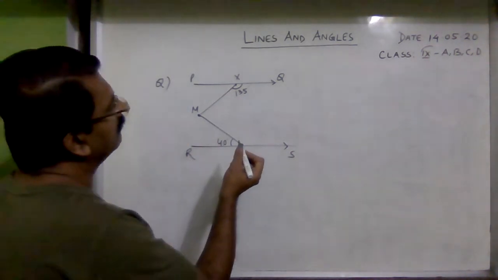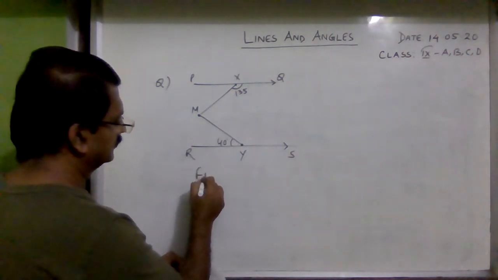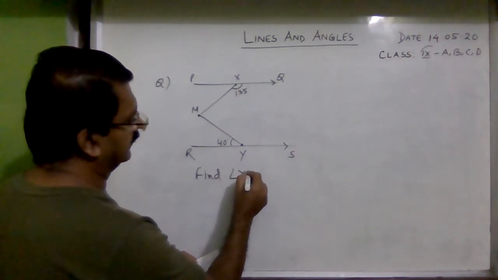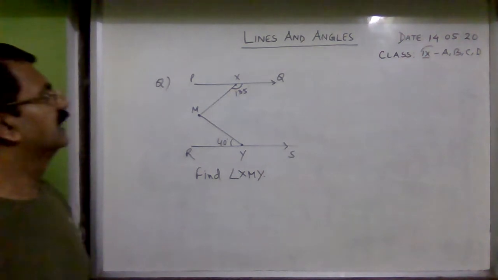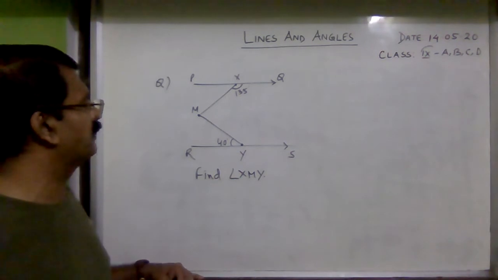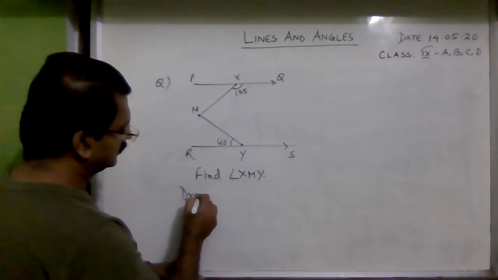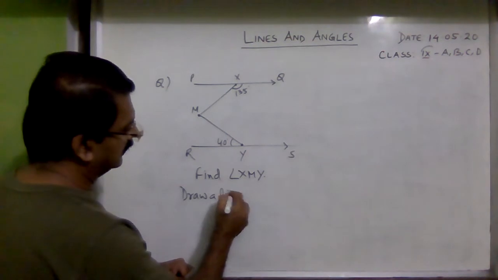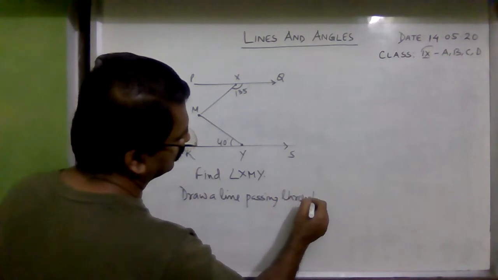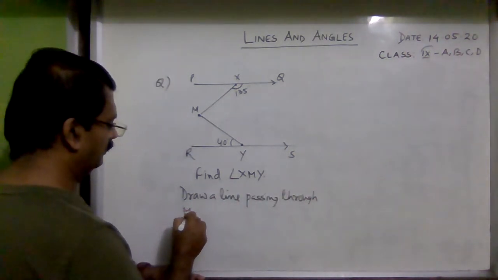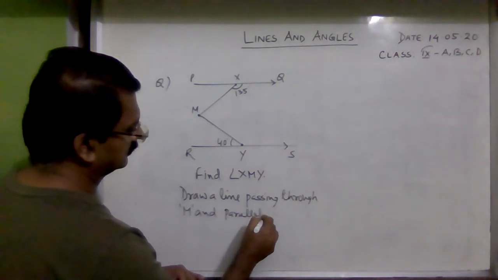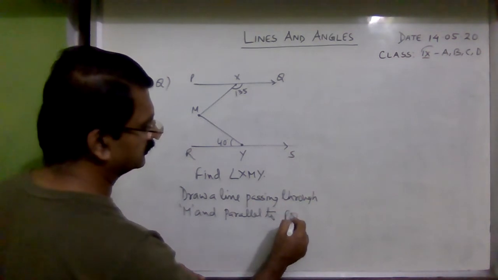Now find angle XMY. You have to find the angle X M Y. So in this particular question, first of all, draw a line passing through M and parallel to PQ.